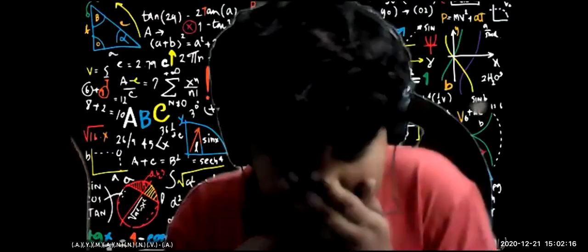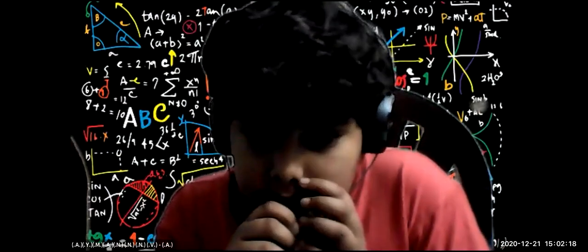So the denominator will become the numerator, and the numerator will be the denominator. So a number or a fraction which, when we multiply, the product will be 1. For example, 1 by 7 and its reciprocal 7, when you multiply, the product will be 1.